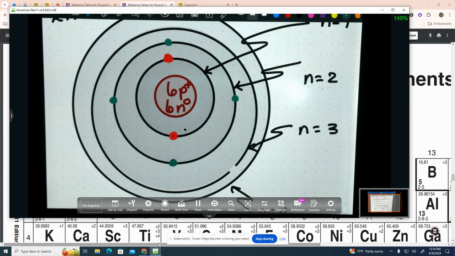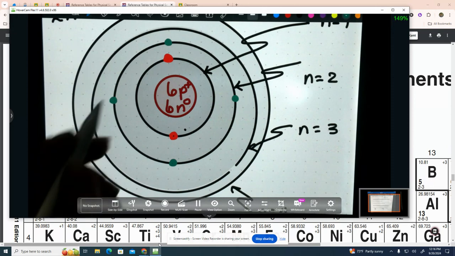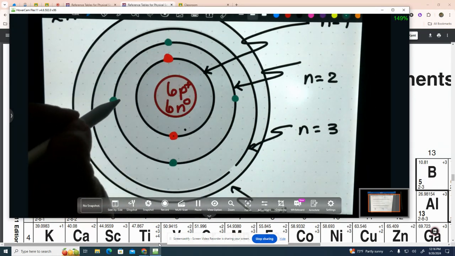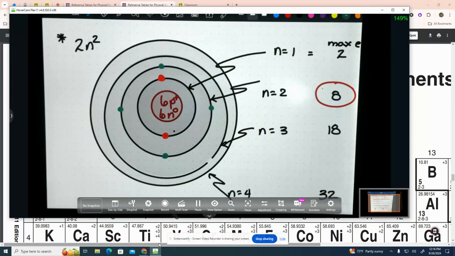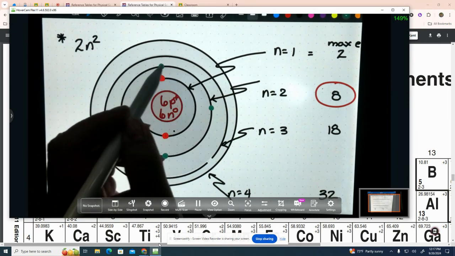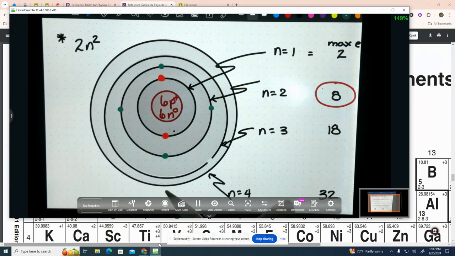But that's the way I want you to diagram them. You just drew your first Bohr diagram for carbon. You've got the protons in the middle. Sometimes you can write the neutrons in, and then we're going to write our electrons on the rings.